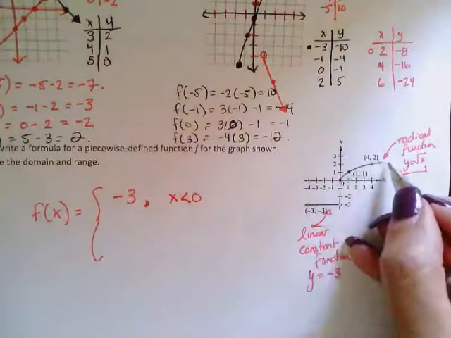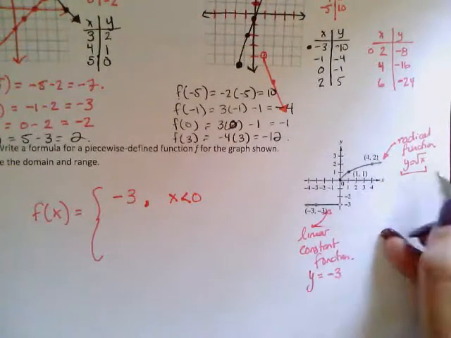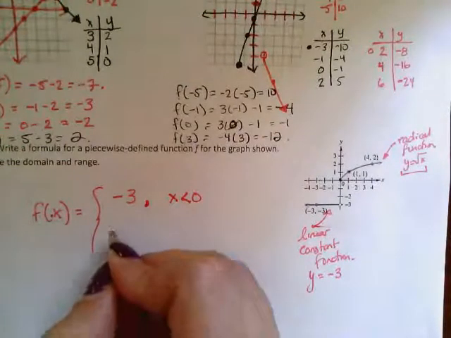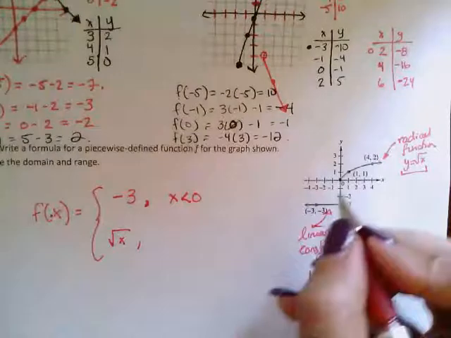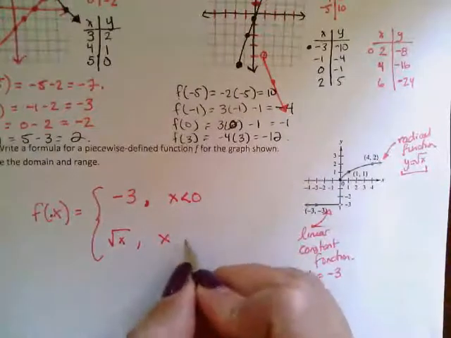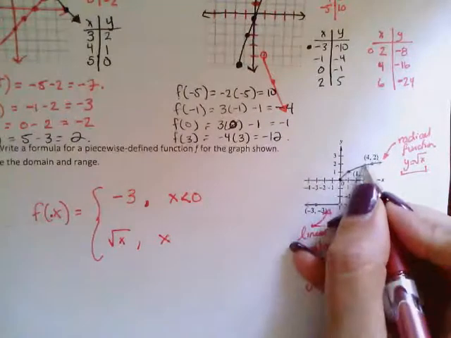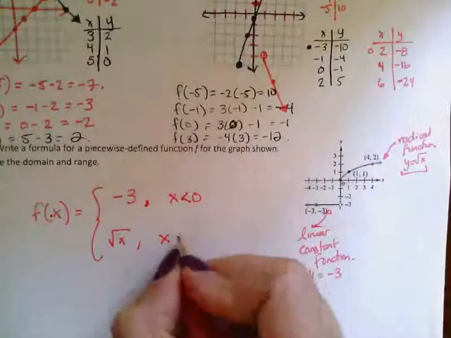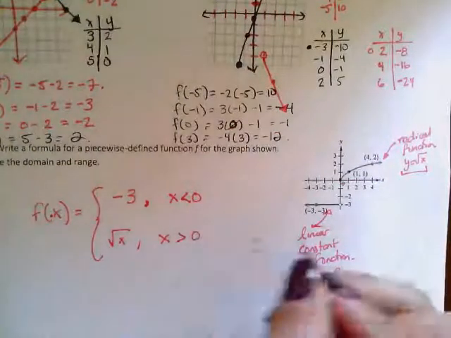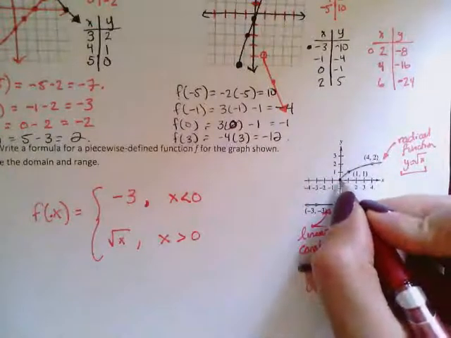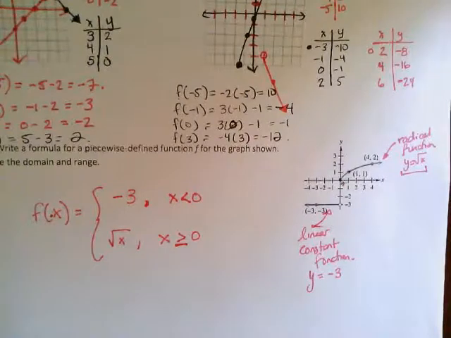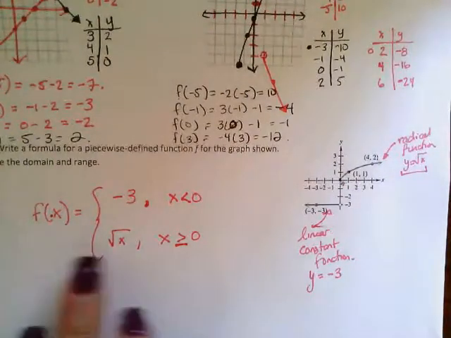And then the second part is going to be a radical, and it's basically y equals square root of x for all values x that are greater than 0, and it includes 0 because you have a closed circle at 0. And that's it.